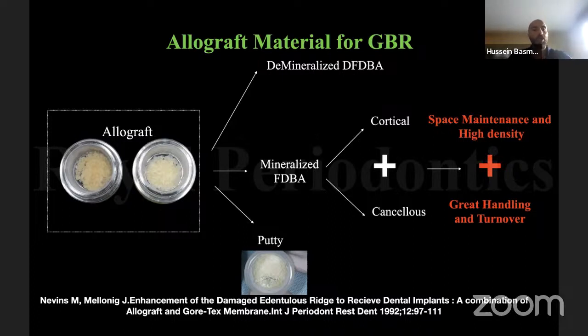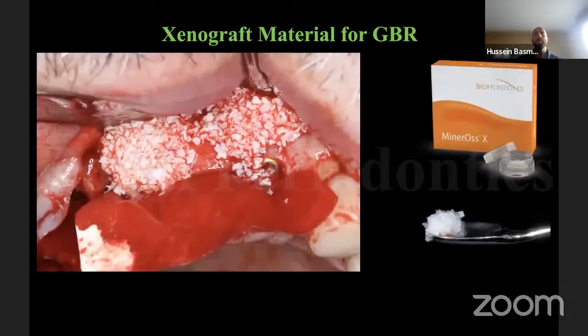Whenever we use cortical, those particles stay there longer, and that helps with space maintenance and better density while placing the implants. Definitely mix that in a 50-50 proportion in order to achieve better handling and turnover of the bone. So as I mentioned, allograft is one of the best options to replace autogenous.